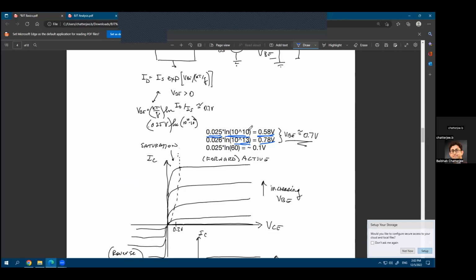Even though the current through the diode is changing by 1,000 times, the voltage across the diode is fixed around, let's say, someone can approximate it as 0.6, someone can approximate it as 0.65 or 0.7. Everything is sort of similar, right? In most of the books you'll see that it is approximated as 0.7 volts because it's not changing in a large range, even though the current is changing over a large range of operation.